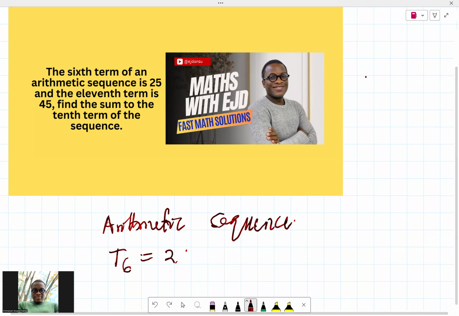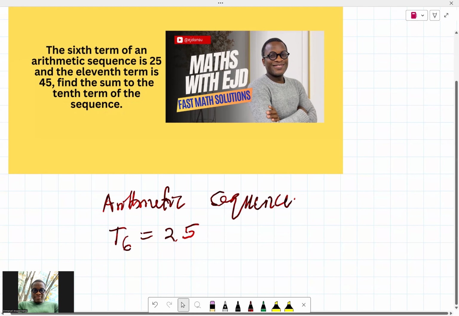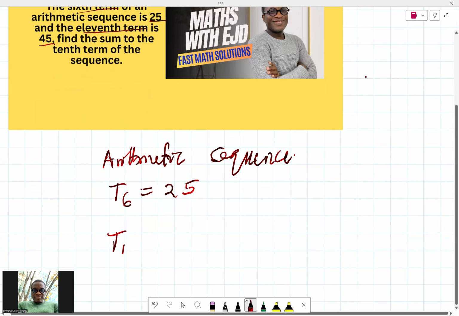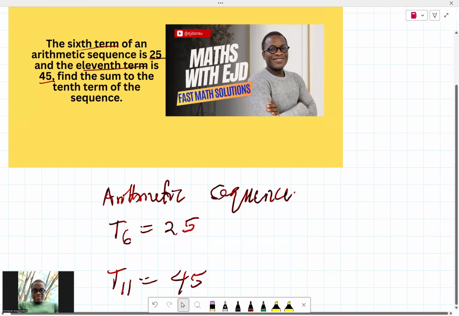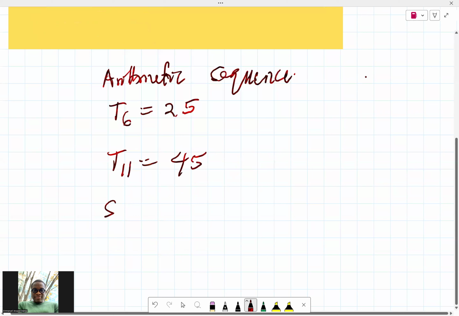And the 11th term is 45, so T11 is 45. Then what do we need? Find the sum to the 10th term of the sequence. So we need S10 for the sequence.